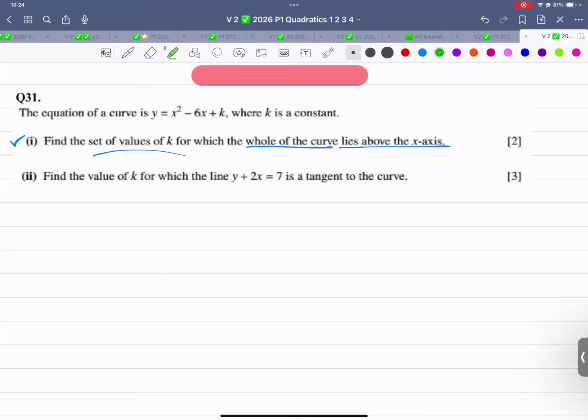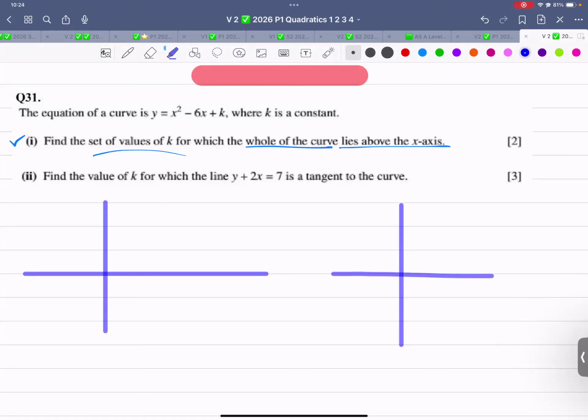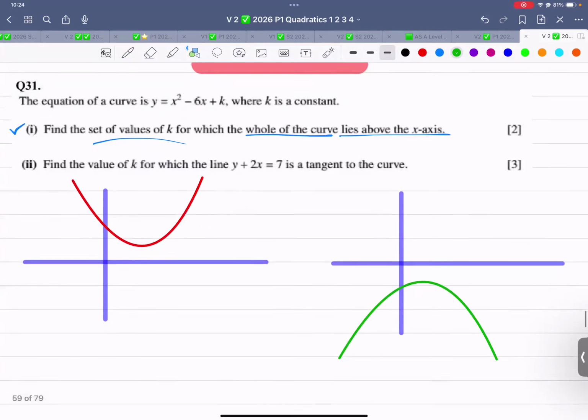When I draw a graph, let me draw two possibilities. Let me draw a graph like this. Let me make it more pointed, and let me draw a graph like this.